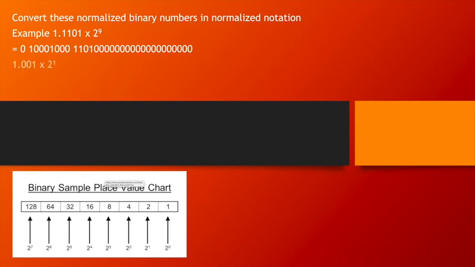Let's take a look at one more problem. And this one's in binary notation already also. It is 1.001 times 2 to the first. So let's go through our steps here again. The number's already in binary notation. We identify the sign bit.